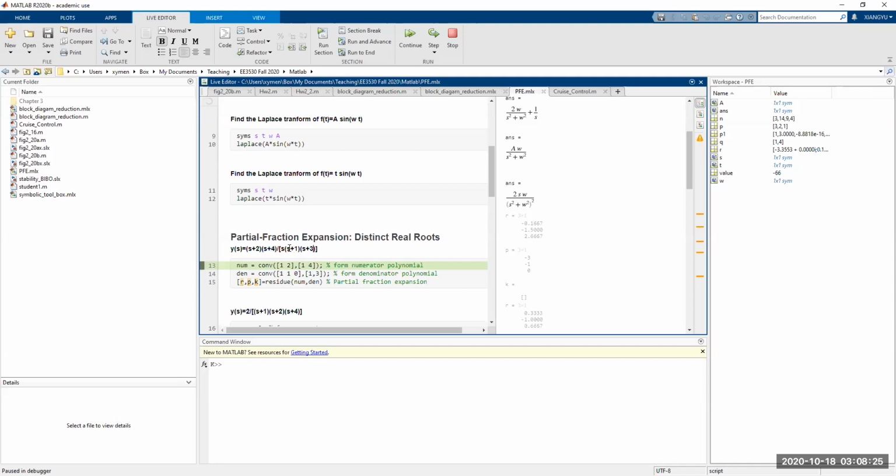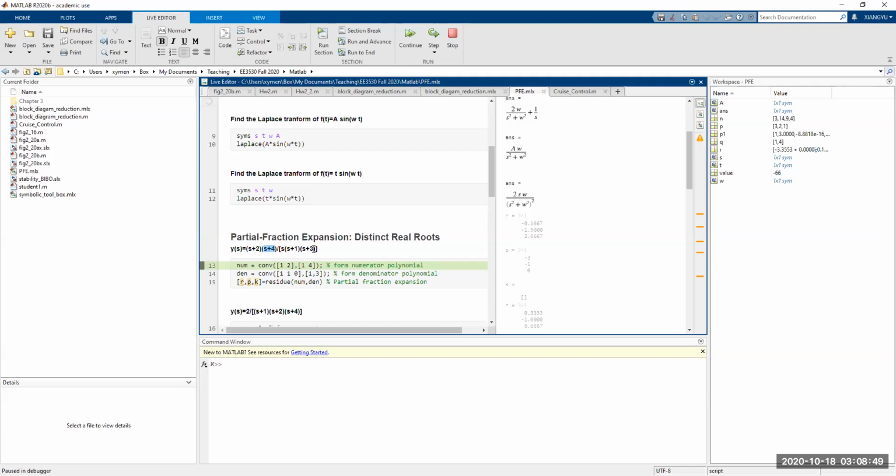The denominator is s times s plus 1 times s plus 3. To form the numerator polynomial, we can use convolution, two polynomials multiplied together. Here the coefficients are 1 and 2, and the second is 1 and 4.